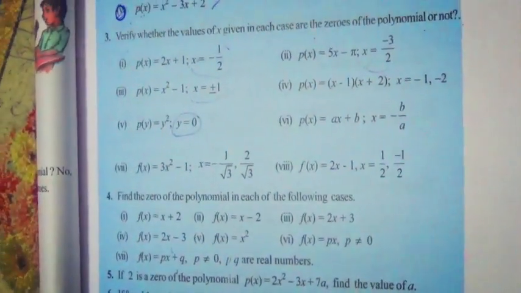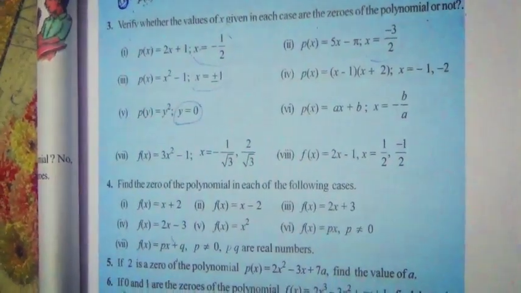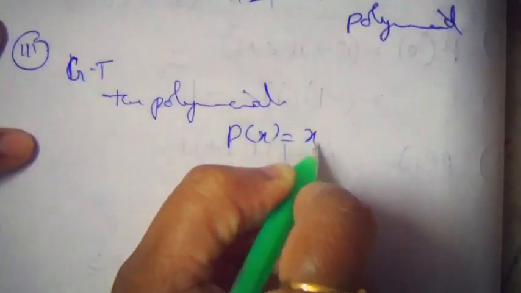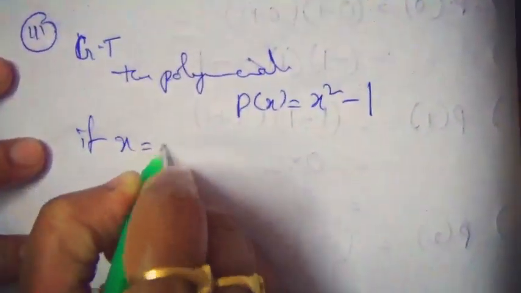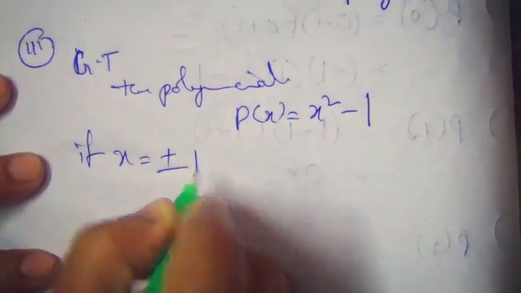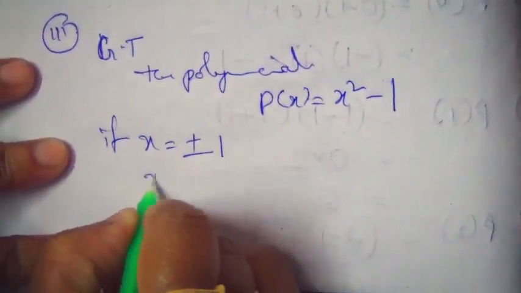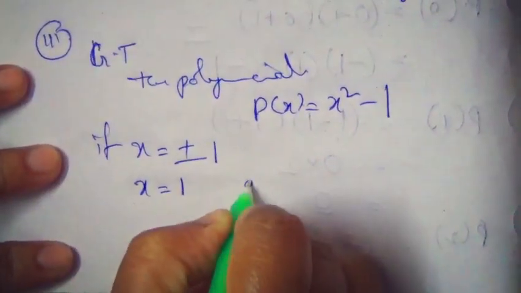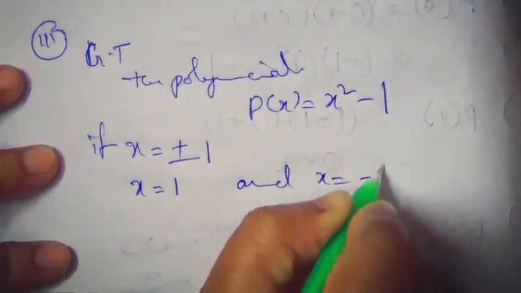Third sum, given that the polynomial p of x is equal to x square minus 1, and we have to check if x is equal to plus or minus 1, both we have to check. That is, x is equal to 1 and x is equal to minus 1.